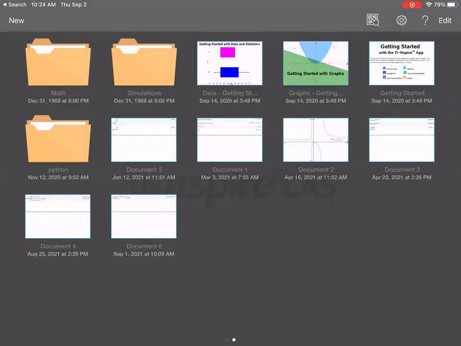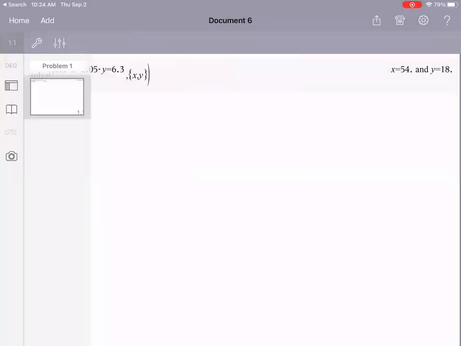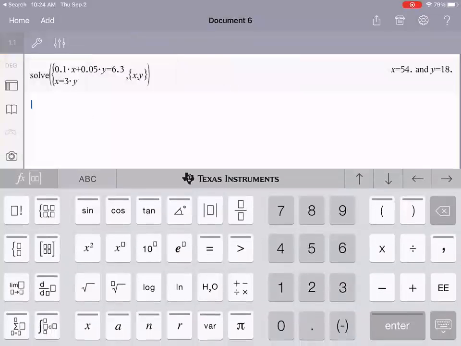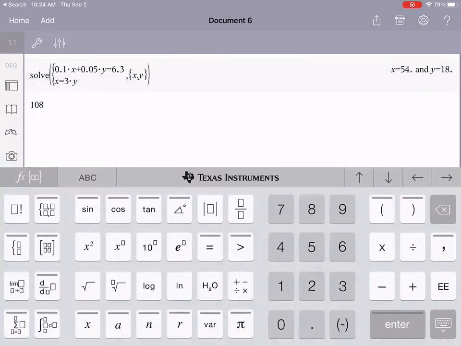On my calculator, if you guys want to do this, we get 108. And I can do times, either hit the pi button, which is in the lower right corner of the keyboard, or I could type in 3.14. But what I want to show you is on this Inspire calculator, if I hit enter, it leaves it in exact. So you guys need to know how to change that.